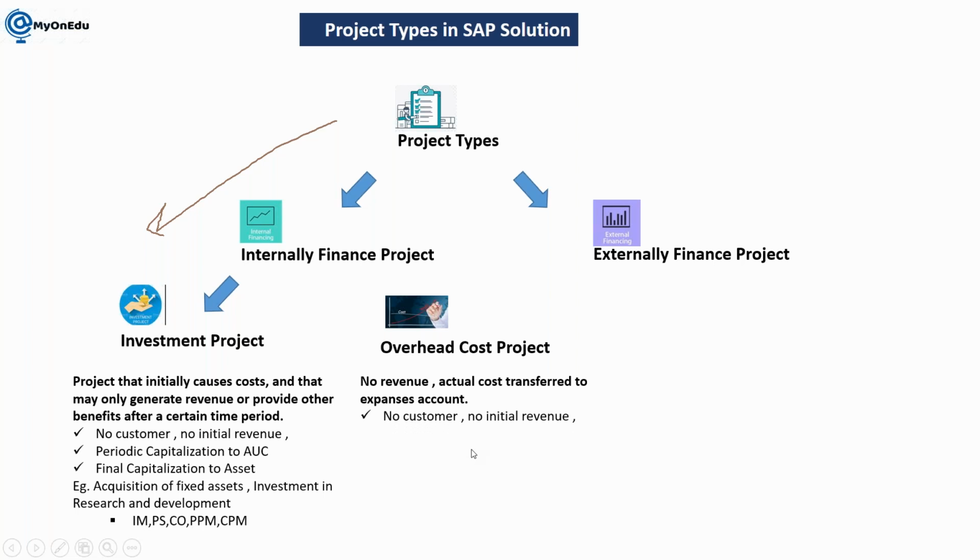Overhead cost project, where there is no revenue, actual cost is transferred to expense account. For example, you are doing some construction project, and let's say you're constructing one bridge.